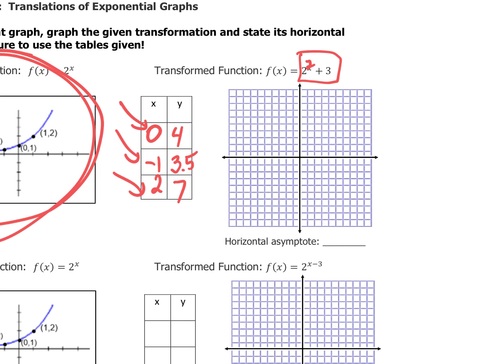And if you graph those 3 points and you kind of know how these look, you'll be golden. 0 comma 4. Negative 1 comma 3.5. Actually, wait, that's a little higher. And then 2 comma 7.